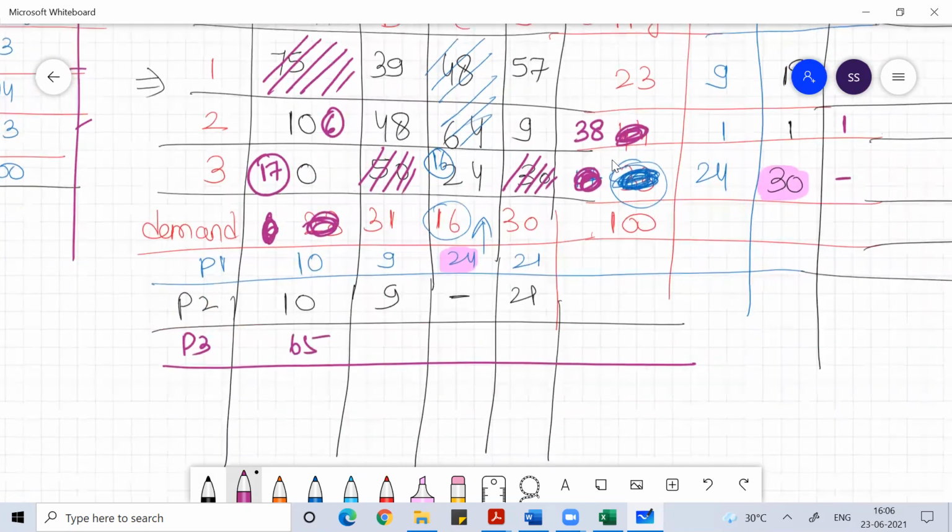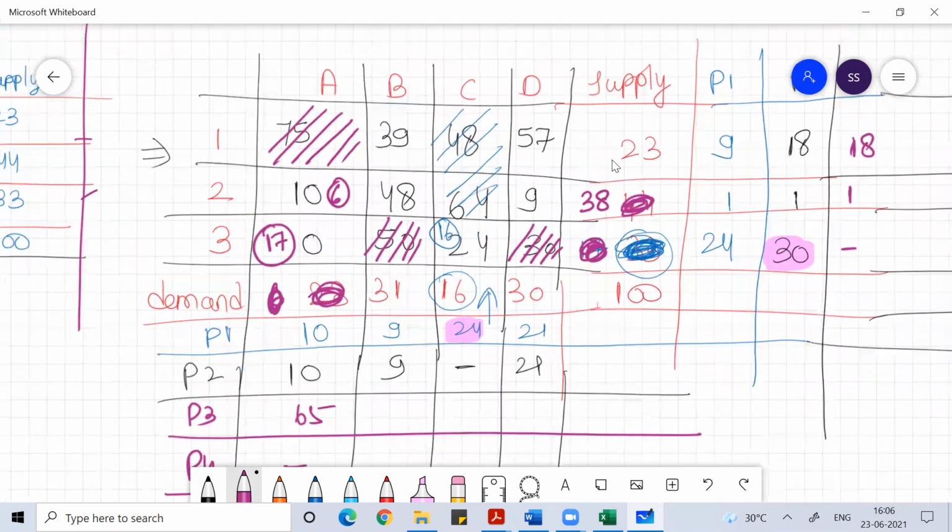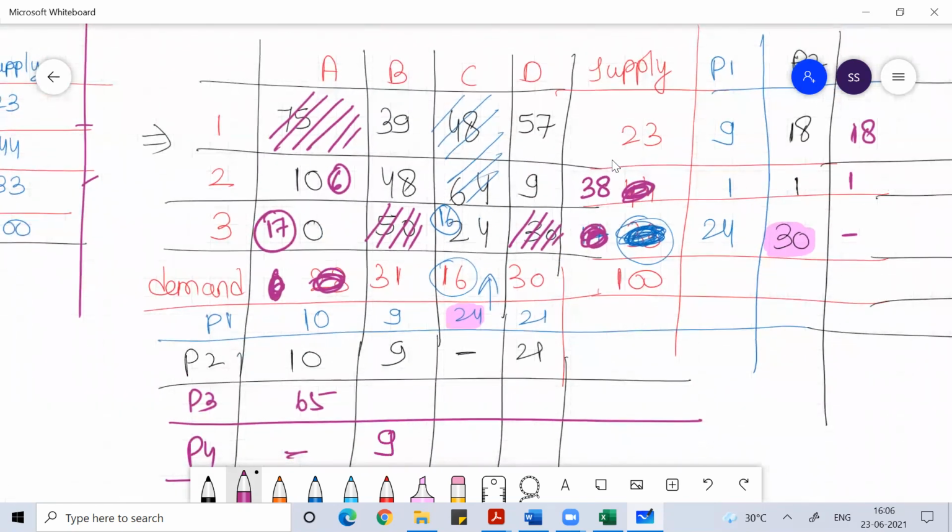So this penalty 3 is done. This column is done. Second column 9 will come. Then 48 plus 9, 57.